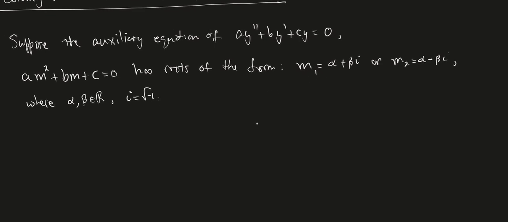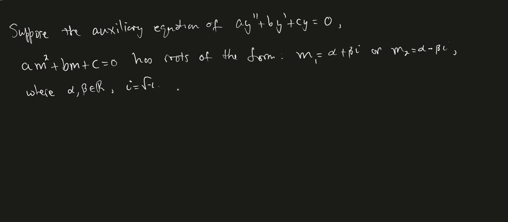If we follow our pattern of the two previous cases, where we had real distinct roots or real repeated roots, we would say that y1 is equal to e to the alpha plus beta i times x, and then we would do the same thing for y2: e to the alpha minus beta i times x.